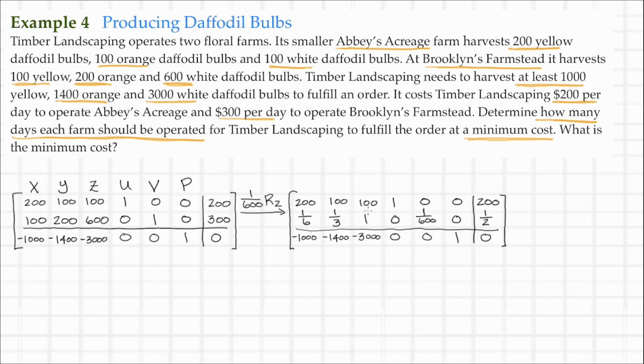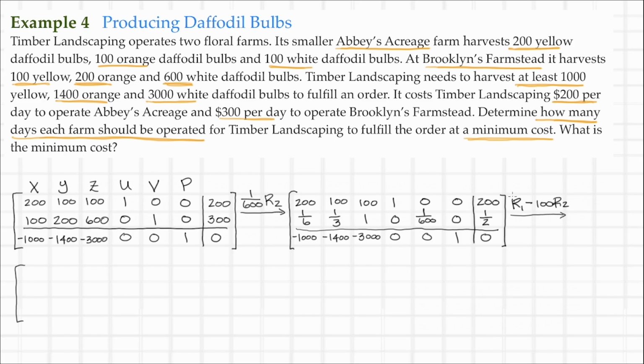So then, of course, we can then target this value here. So we could take row 1 minus 100 of row 2. We'll continue down here. 1/6 times 100, that's 50/3.